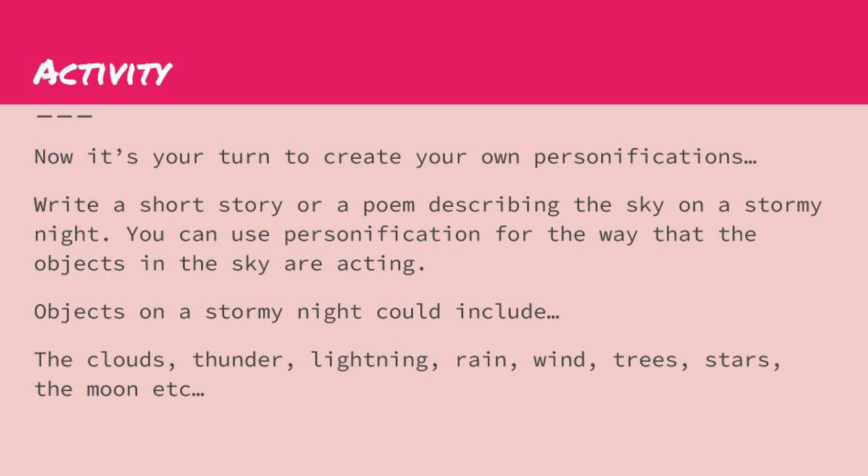There are so many more ideas. So you can go back through the video to have a look at other personification examples that we have done, or I've put some links below that show you some other videos that also talk about personification. So you can use all those examples to write your short story or poem using personification, talking about a stormy night sky.